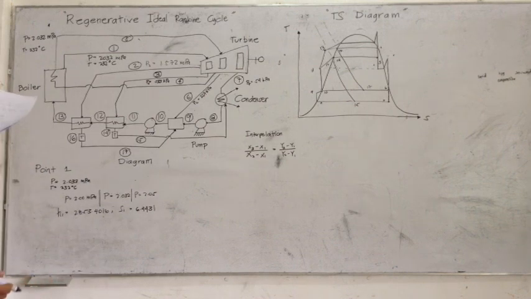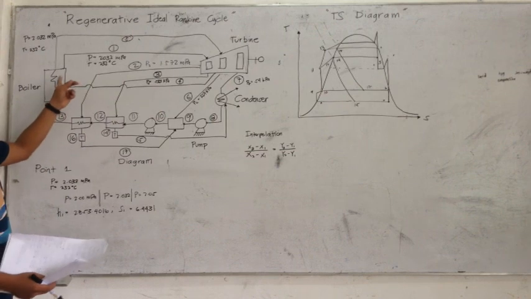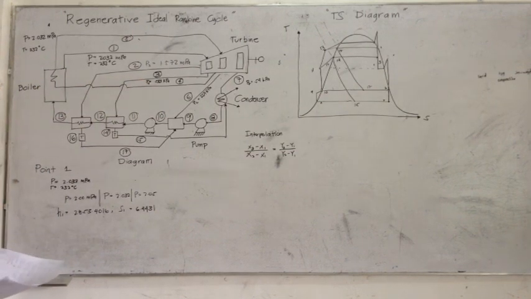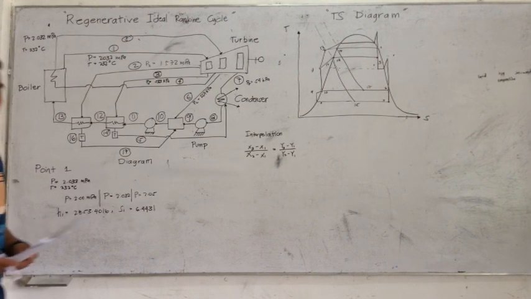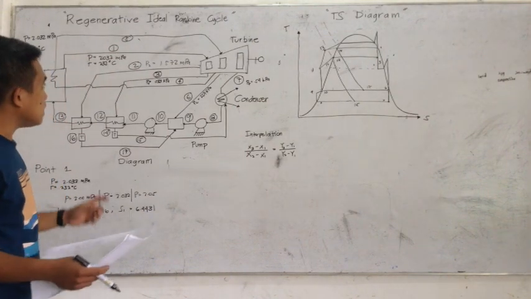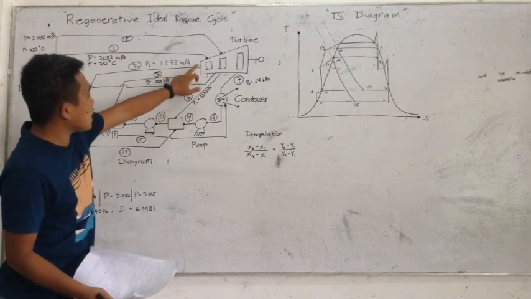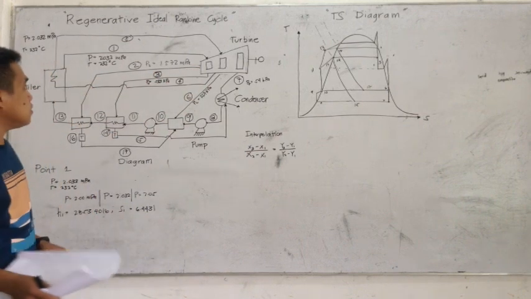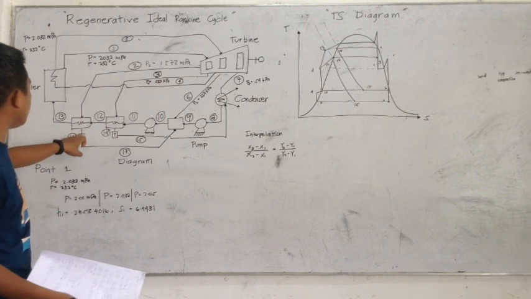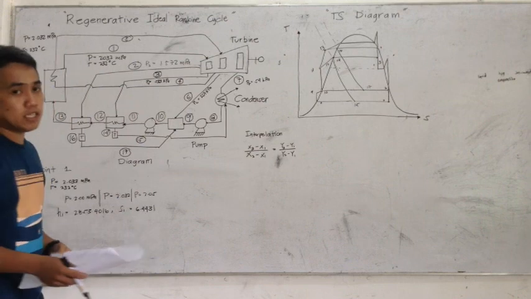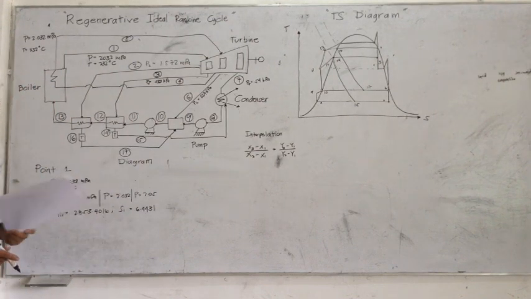So back in the diagram, the high energy came from the boiler and is delivered into the turbine, and the turbine develops power. At point 2, the turbine extracts mass, which goes into a closed feedwater heater.